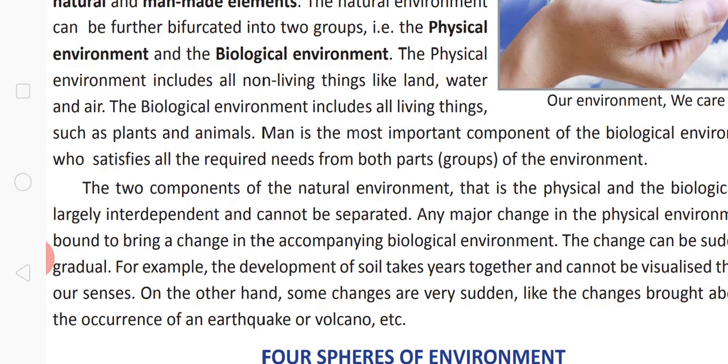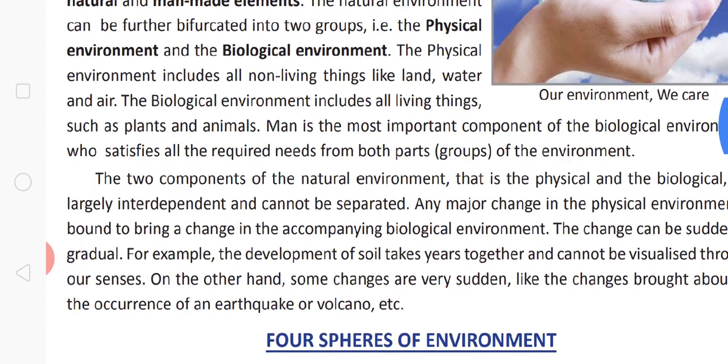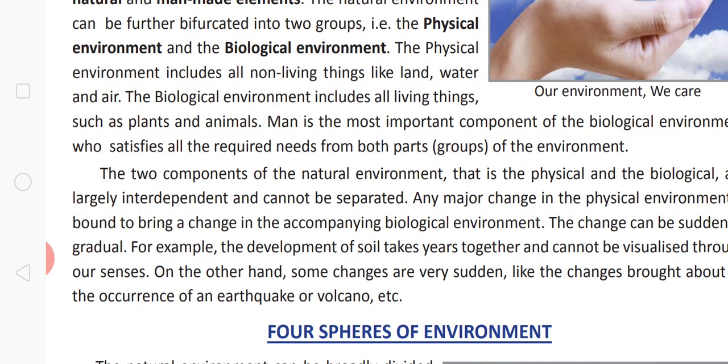Because we satisfy all the required needs from both groups of the environment. Man can do anything, we are generally a social animal, man is a social animal, so therefore we are the most integral part, the most important part of the biological environment.